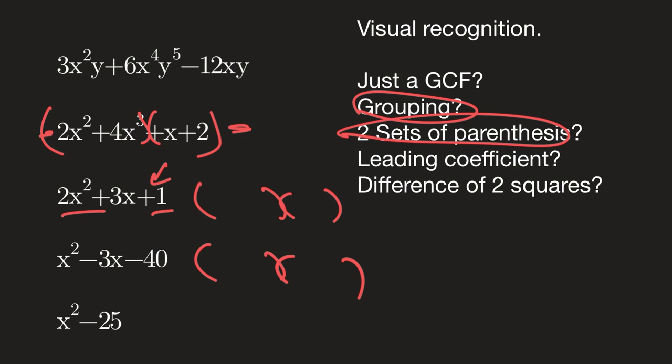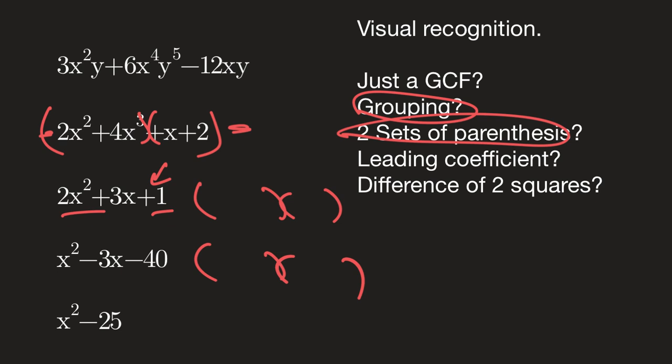How can you multiply and get 40, but also subtract to get a 3? Think about numbers that subtract and give you 3, like 7 and 4. That's 28, though. What about 8 and 5? 8 and 5, there's 40. 8 minus 5 is 3, okay?